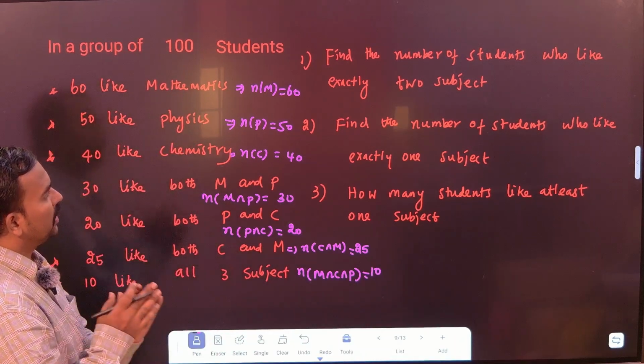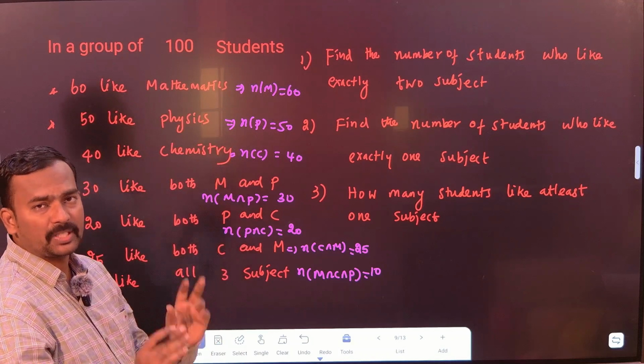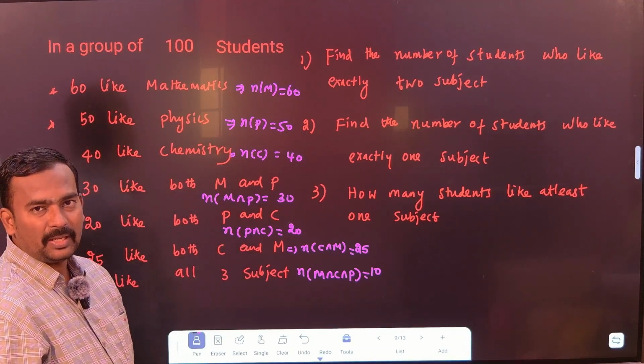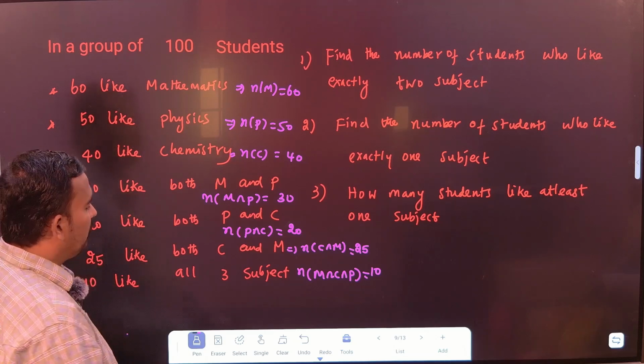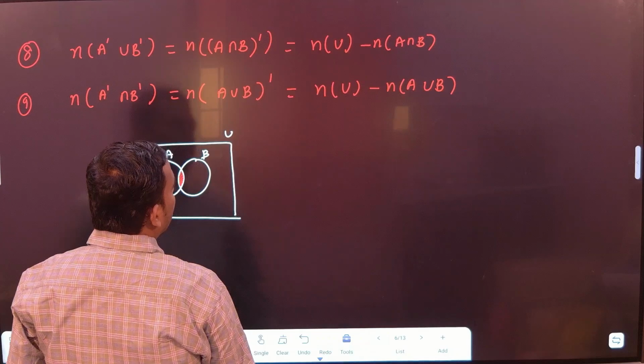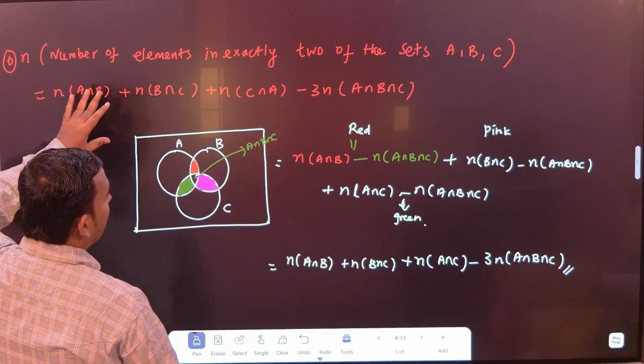Now what is the first question? Find the number of students who like exactly two subjects. For exactly two subjects, we already have the formula, right? We discussed it already.